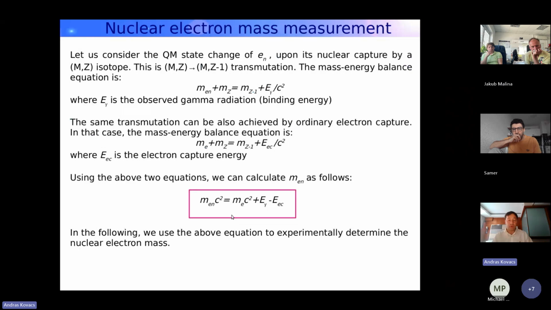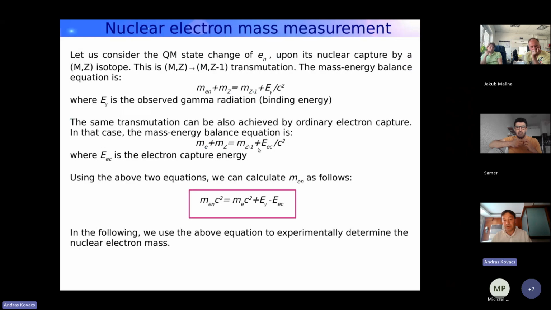Now, what I said about the proton, we can generalize to another isotope, and this is the last theory slide. If the nuclear electron is captured by some isotope of charge Z, we can write this mass-energy balance equation: incoming nuclear electron mass plus isotope mass equals the outgoing isotope mass plus the radiated gamma energy, just energy conservation. Another way to get the same reaction is to have a normal electron plus this isotope mass as input.